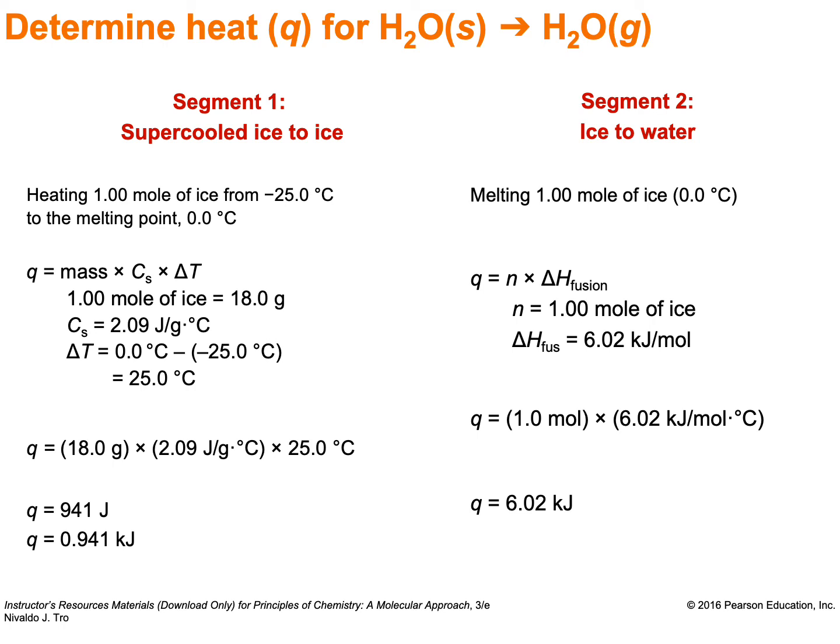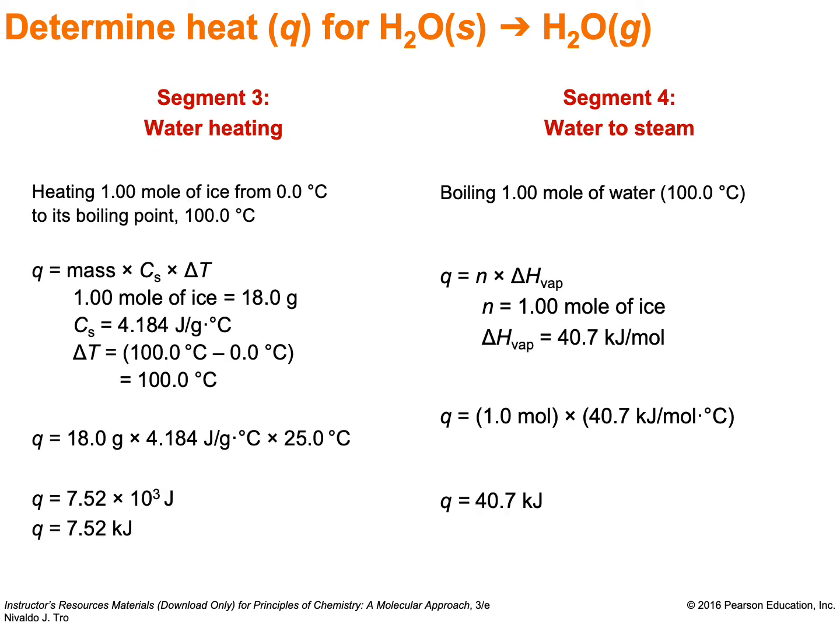So after the first step and the second step, we have heat in the sum of slightly less than 7 kilojoules. Let's continue this process and do steps 3, 4, and 5. Now we're in the liquid phase. We want to go from the melting point, 0, to the boiling point, or 100.